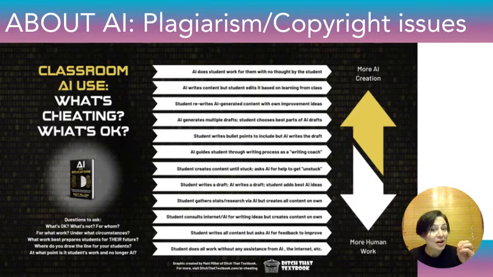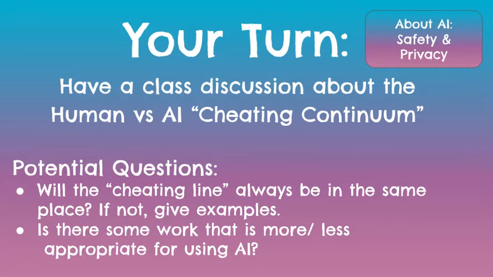So along the way, in between, there is a whole scale of what might be considered appropriate or what might be considered cheating. And that is the question and the discussion that we want you to have with your students. So you can stop, read through this continuum and have that discussion.